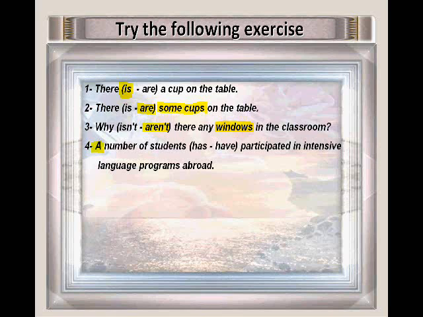You tell me the correct answer. Excellent. Has. I don't look at the word students, which is plural. The word a number, this is what I look at, okay? And this is what the verb should agree with.